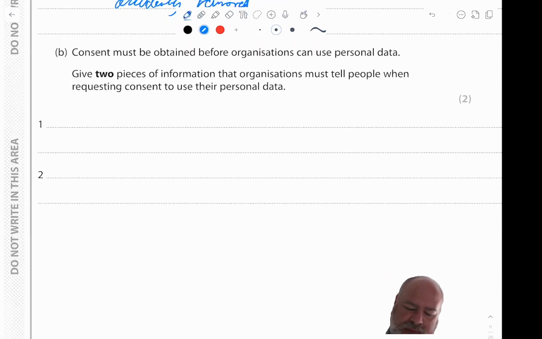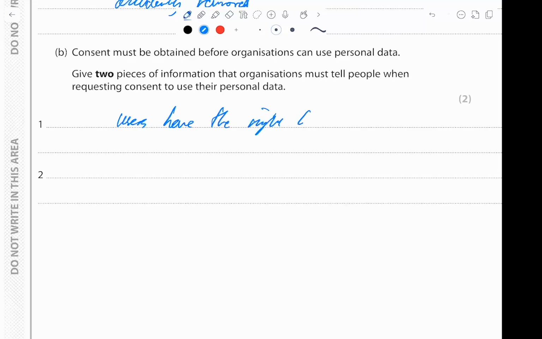Consent must be attained before organizations can use personal data. Give 2 pieces of information that organizations must tell people. They technically must tell you loads of things. They have the right to refuse.